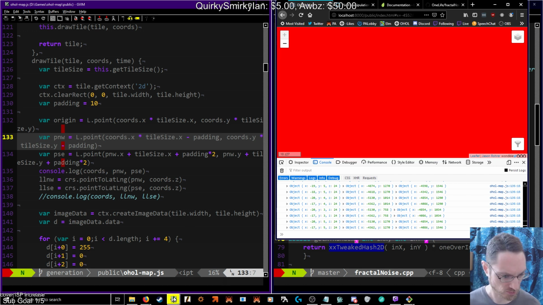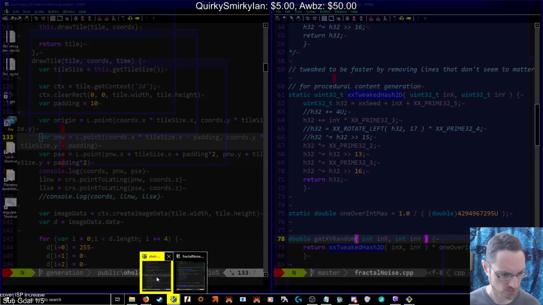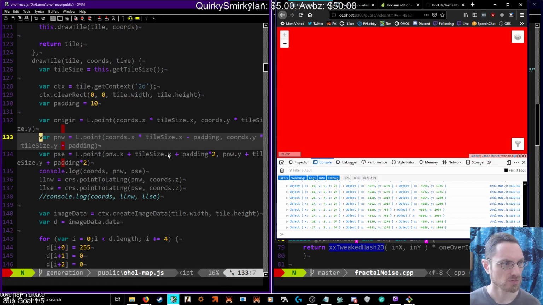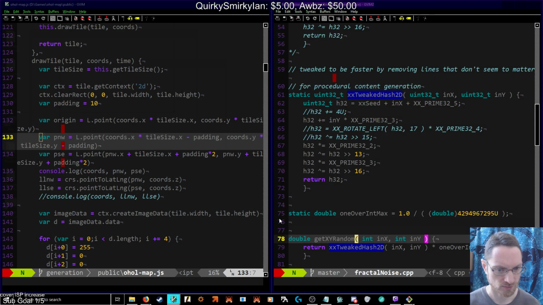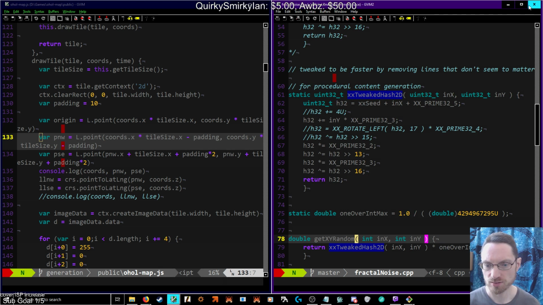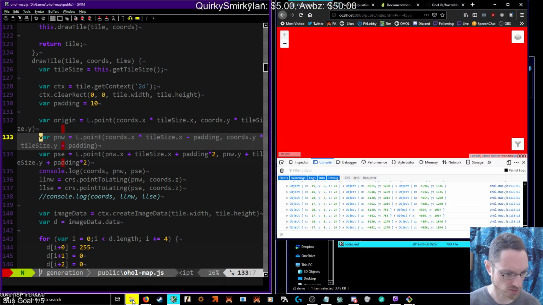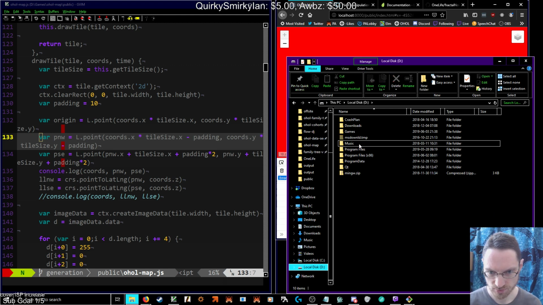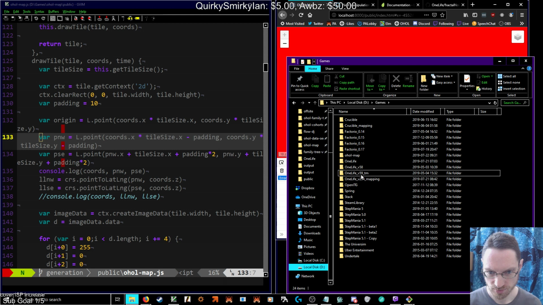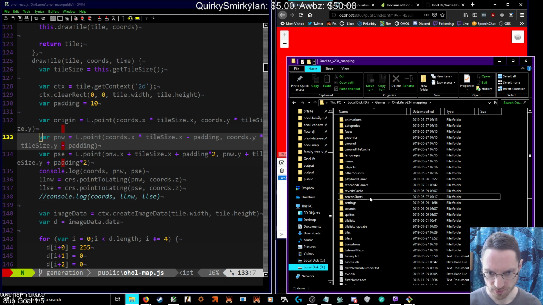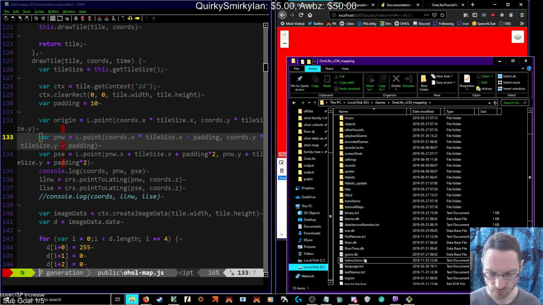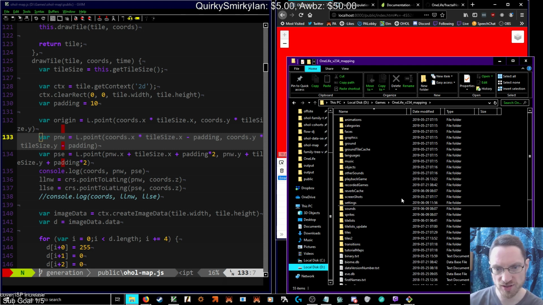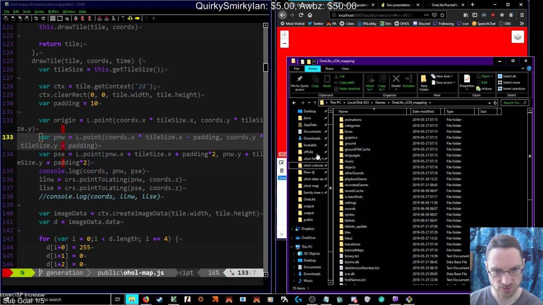So from the zoom level, a whole map. This is the base one. I want to go into mapping. Oh no, this is the execution directory. The source is still here.